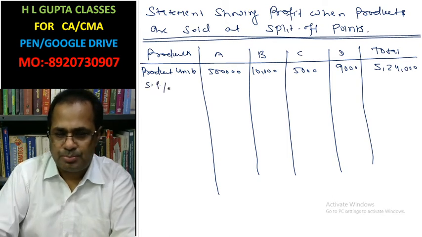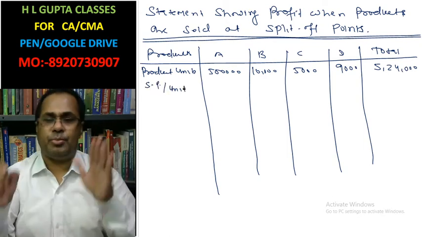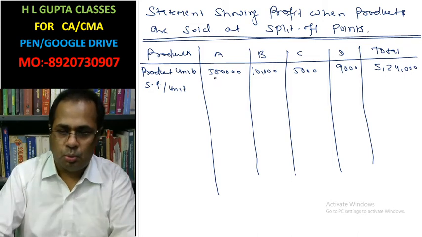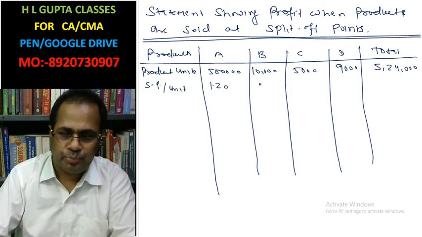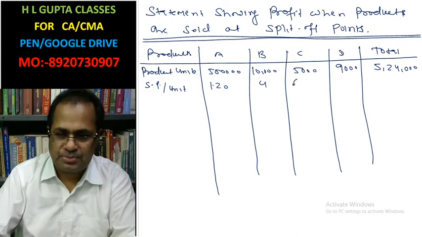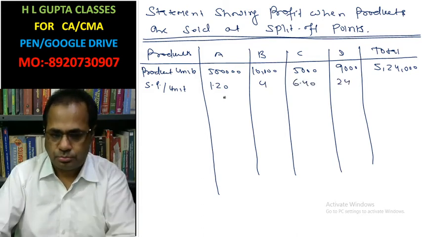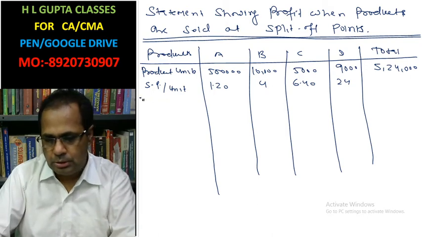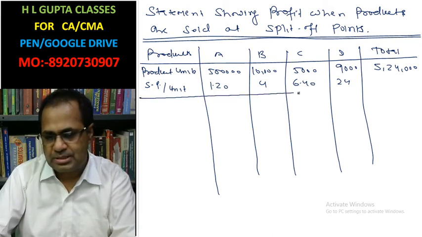Selling price per unit at the split-off point: 1.20, 6.40, 24. We can calculate sales revenue.